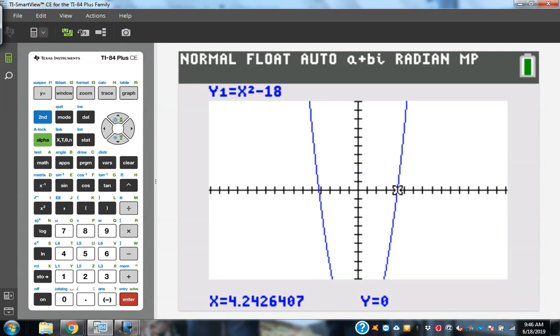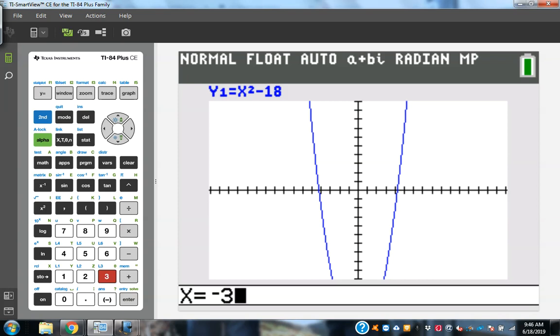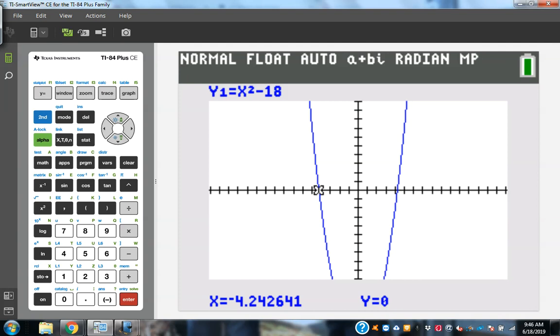Bet you this other one is the negative side of that. So I could hit trace negative 3. To get the square root again, you go second, and then right above the log button is the x squared button. That gets you the square root of 2. And there it is. It's crossing the x-axis there. So this one happens to cross the x-axis at a nice place.